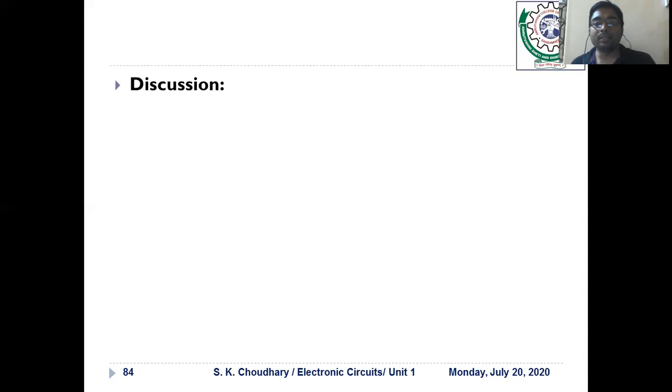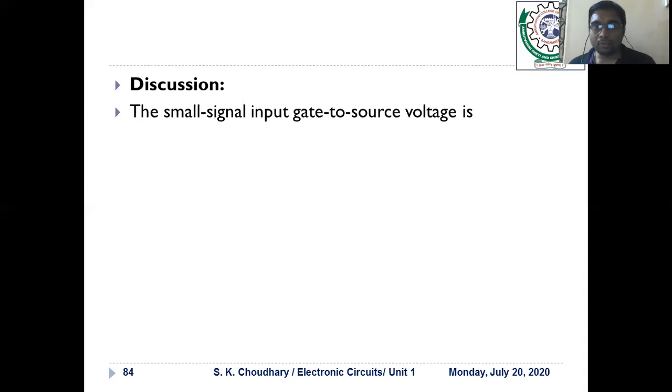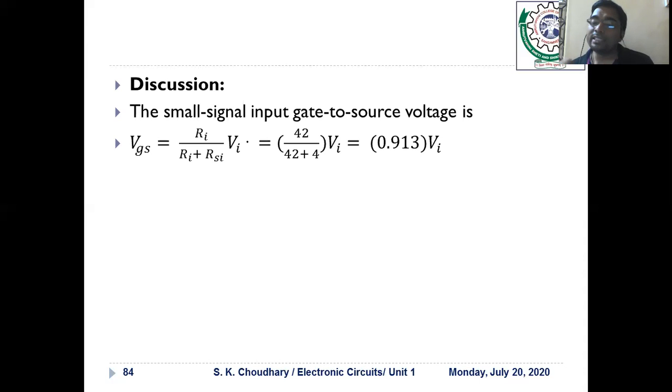Now we have to discuss this problem a little bit. We have to discuss the loading effect. So what is the small signal input gate to source voltage? If you see in this circuitry, that is VGS, the actual input voltage appearing at the gate terminal or input terminal of the transistor.